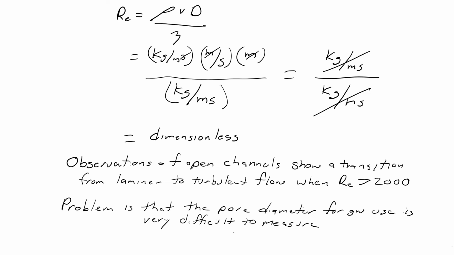Well, groundwater geologists have figured out sort of a workaround for this. What they did realize from sedimentology studies is that grain size of sand, clay, silt is somewhat easier to measure. We know how big the average sand grains are. We know the average size of silt.